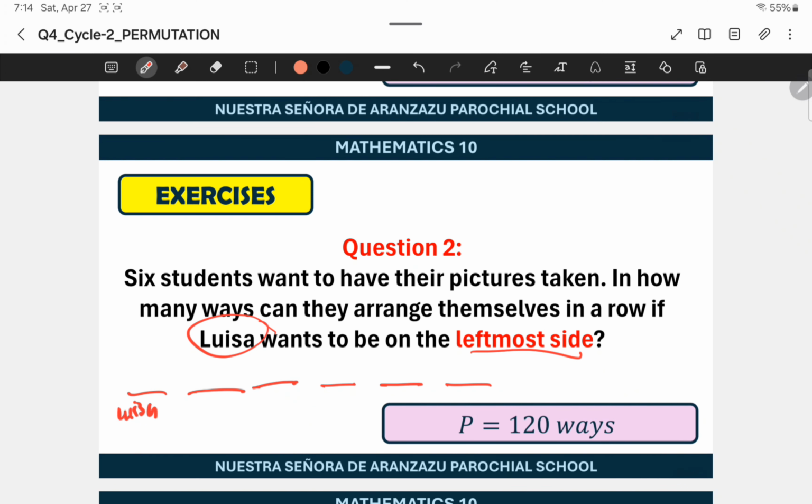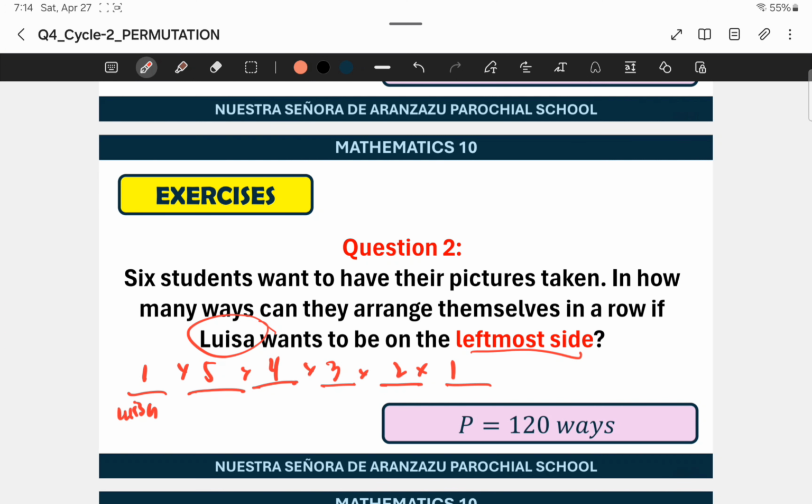Ilan ba si Luisa? So isa, so that is 1. We only have one option on the first position. And on the second position, ilan yung option natin? So kung si Luisa nandito na, yung natitirang 5 na lang yung option natin. So that is 5, 4, 3, 2, 1. And after that, you get the product, and that is equal to 120.